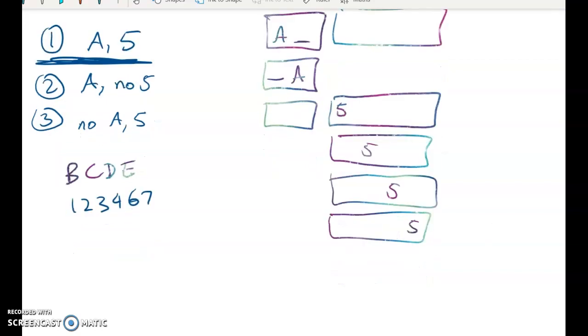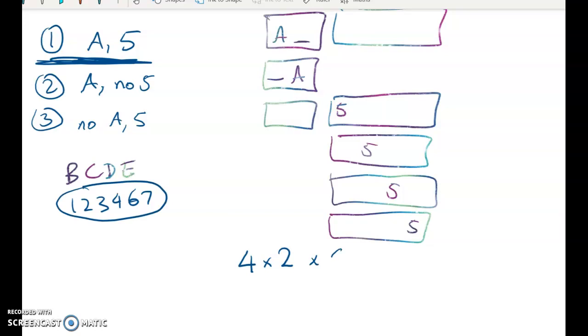So for the letter placement, I'm going to have 4 possibilities, but I've got to times those by 2 because it could be the first or the second for the non-A letter. So 4 times 2 for that bit. And then I've got 6 numbers left, and I'm choosing 3 of them.